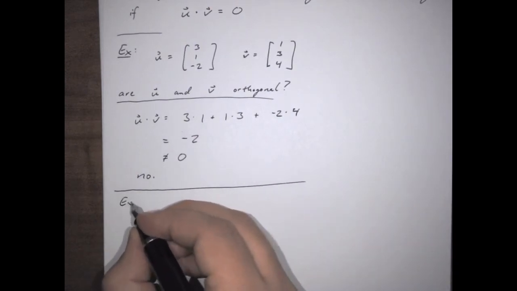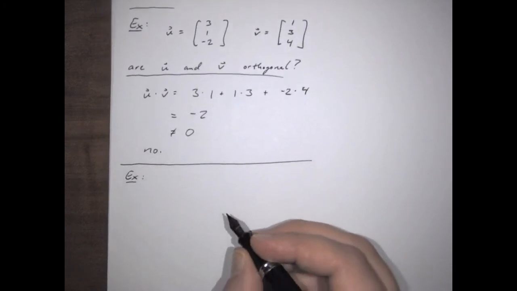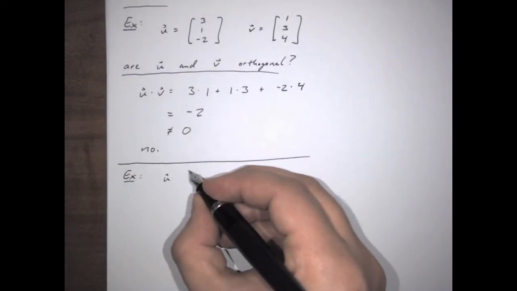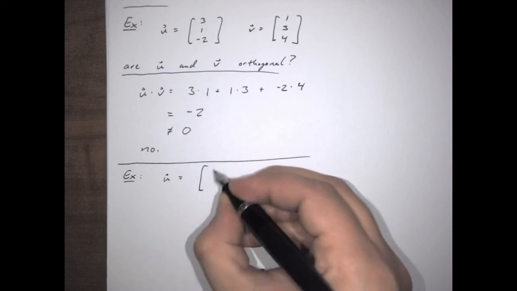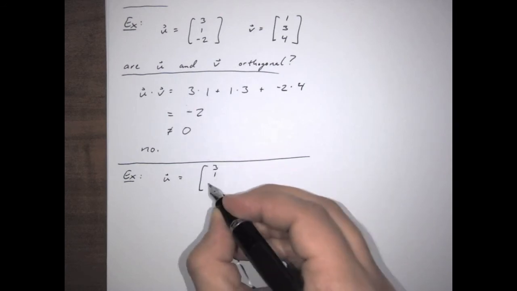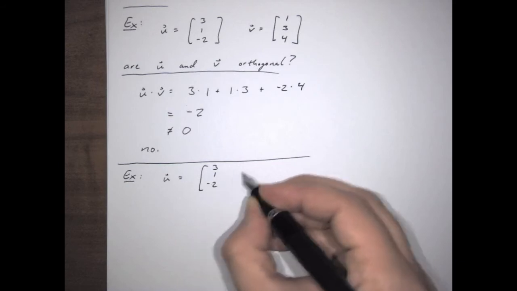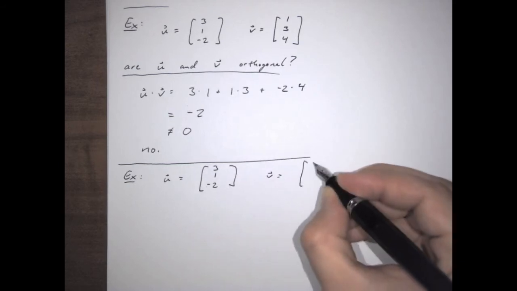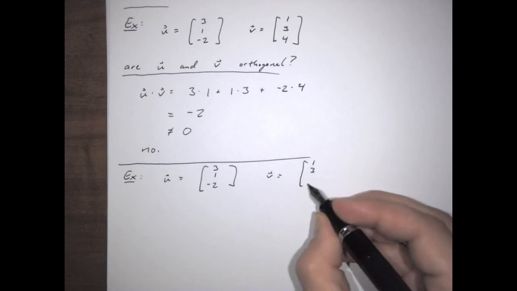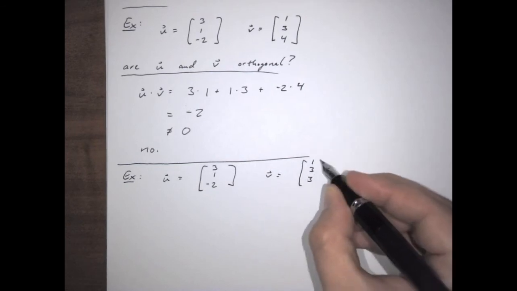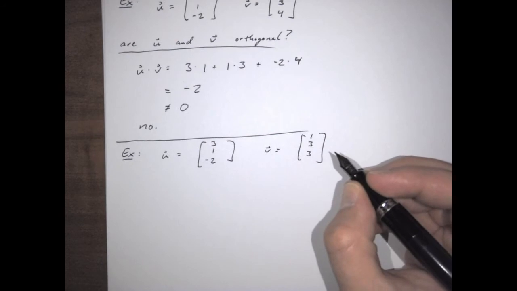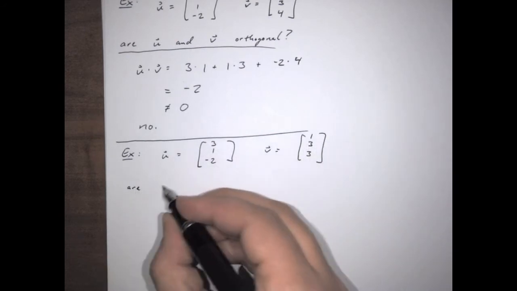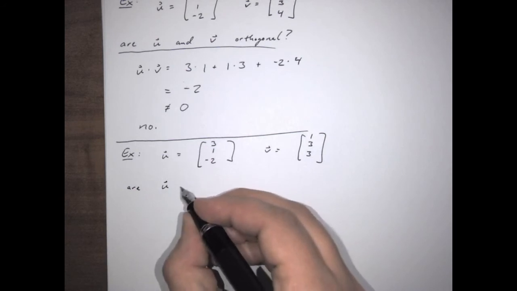Alright. What if, in contrast, we had u is equal to 3, 1, negative 2, and v is equal to 1, 3, and 3. Are these u and v orthogonal?